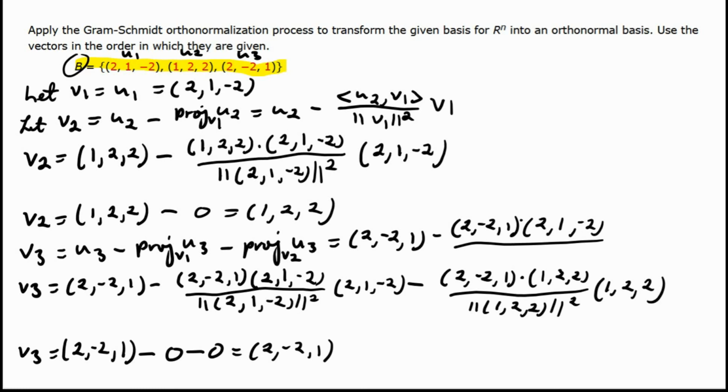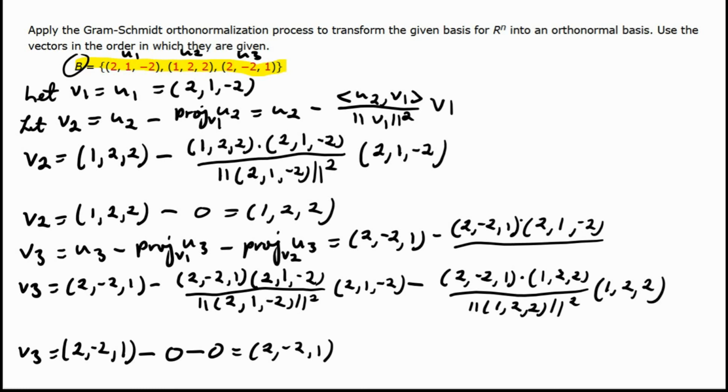So let me go to the next page and make sure I have this information here. So u sub 1 is 2, 1, and negative 2. And then v sub 1 is that.